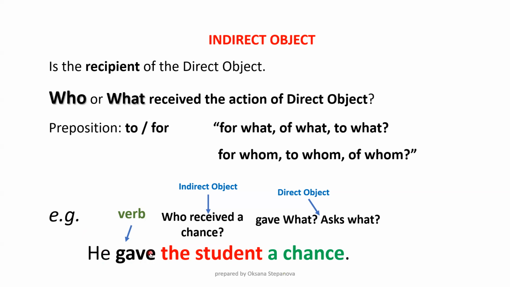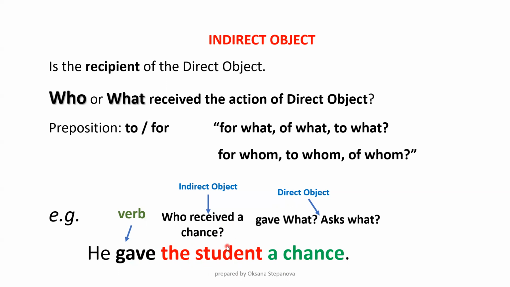He gave is a verb in past tense. So gave that student. The student is who received a chance, who received a direct object.